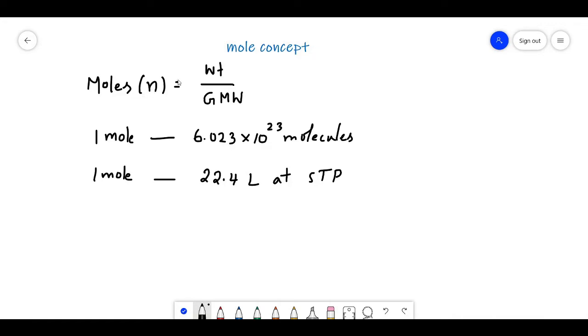So, number of moles is weight by gram molecular weight. 1 mole contains this many molecules, and 1 mole is also equal to 22.4 liters at STP. Now, in the objective questions, how will they ask? For example, 4 grams of hydrogen, find the number of molecules.